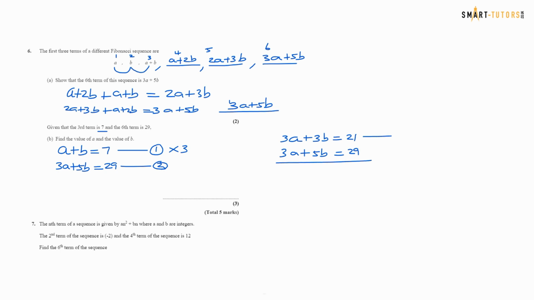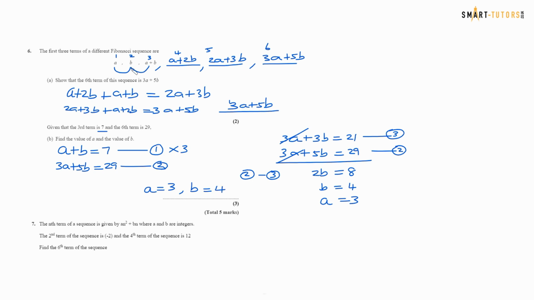Let's say this is my third equation and this is my second equation. So second equation take away the third equation. These two cancel. 5B take away 3B is 2B equals 8. So B equals 4. When you find B equals 4, A equals 3. So A equals 3, B equals 4.